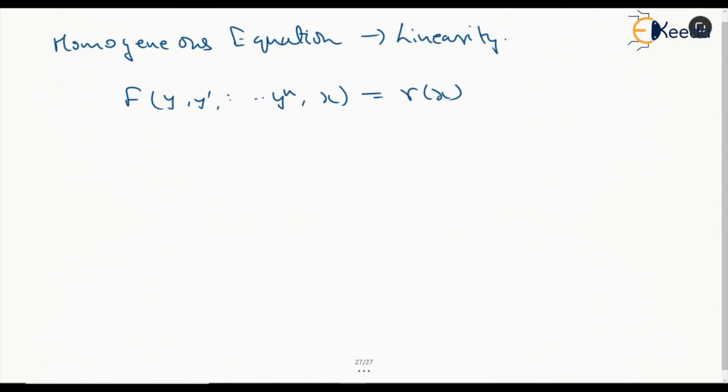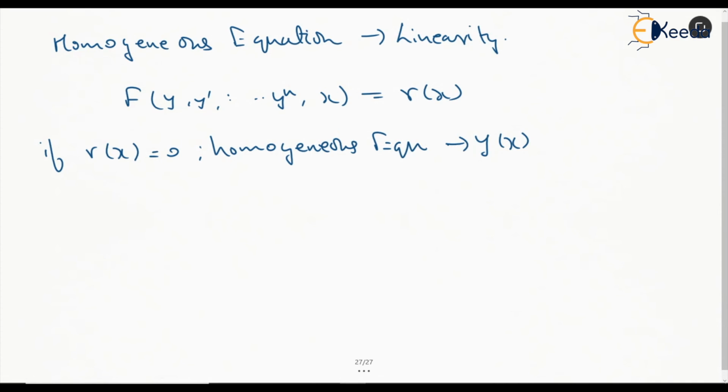If r of x is equal to 0, that is a homogeneous equation, then the solution y of x will be given as y h of x, that is, it will only have the general solution coming from the homogeneous set of equations.